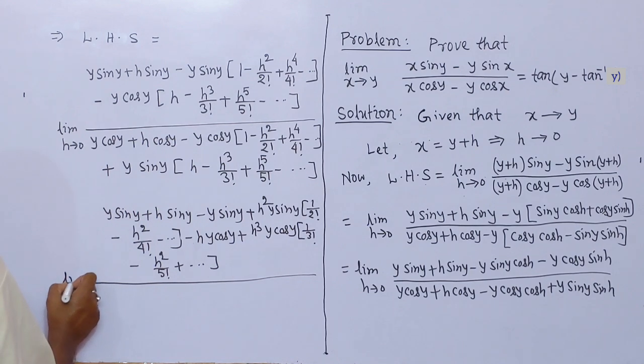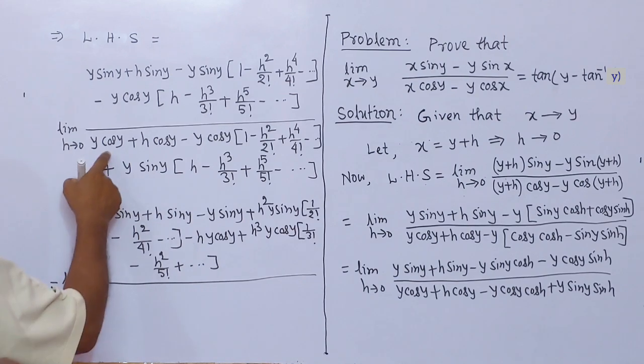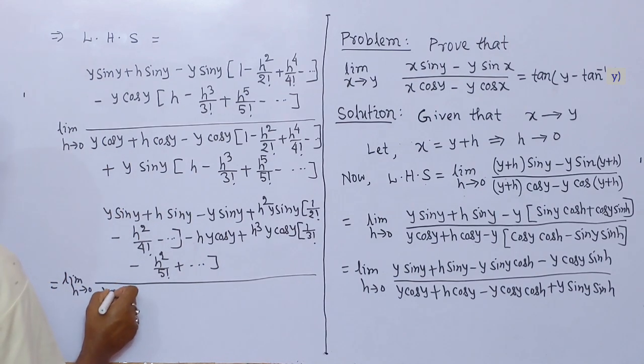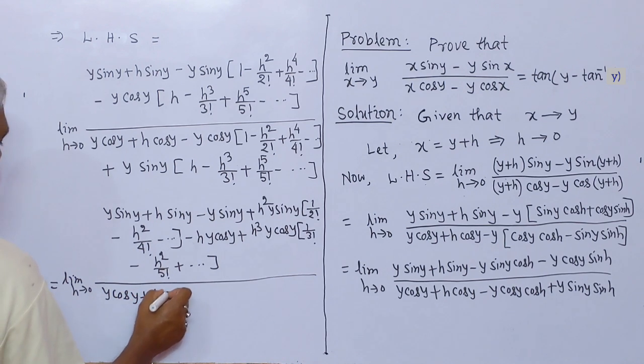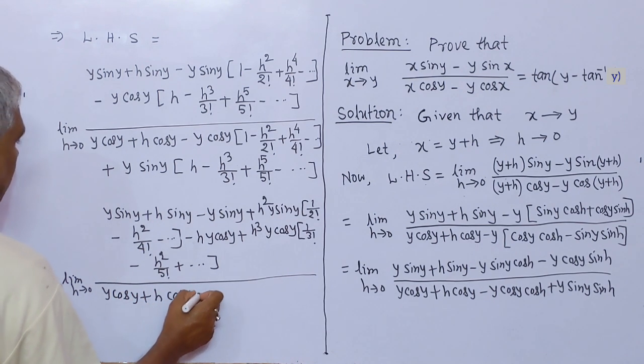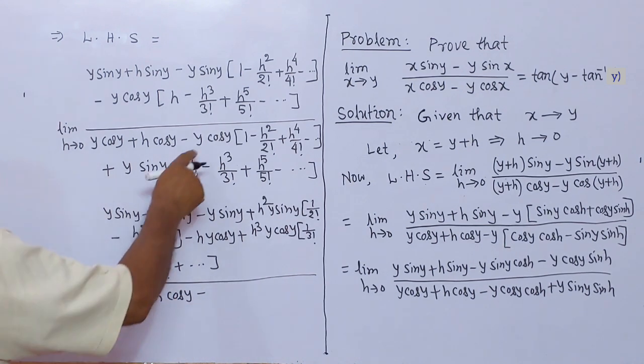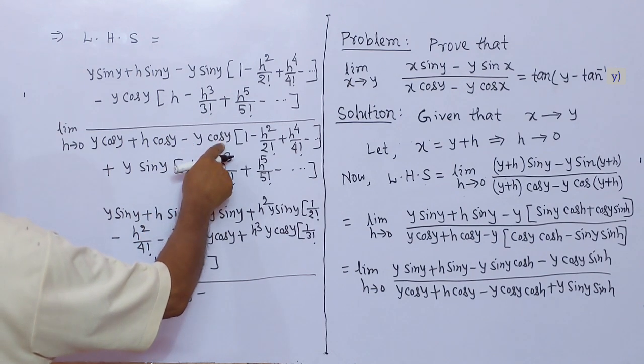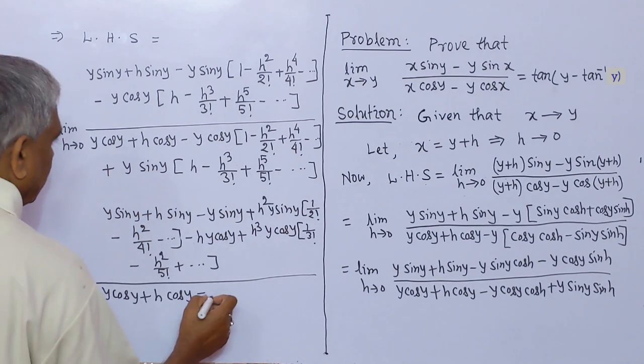By, here limit h tends to 0. This equal to here y cos y plus h cos y minus here minus y cos y.